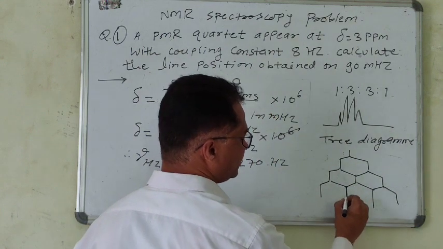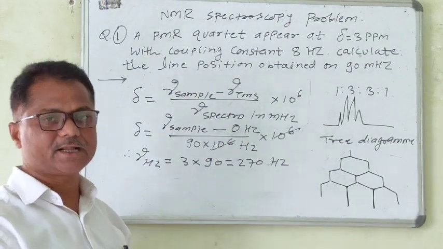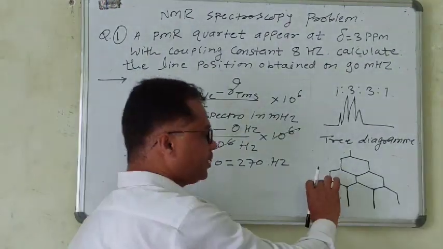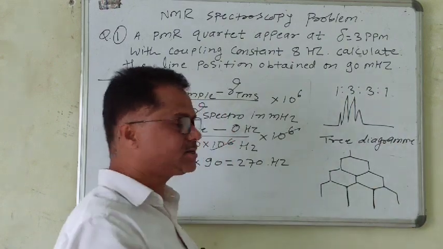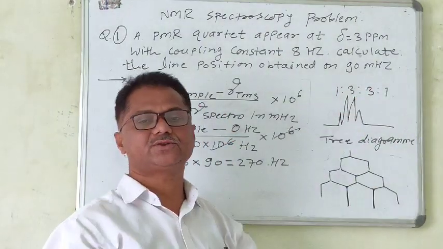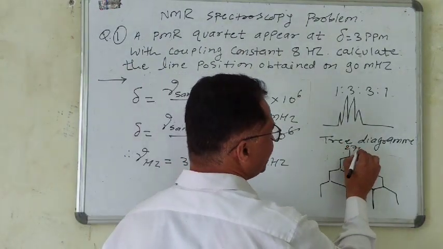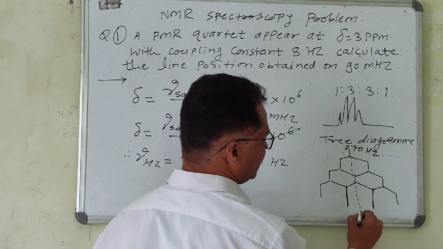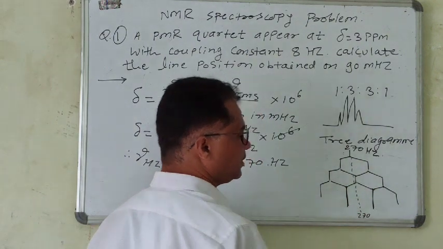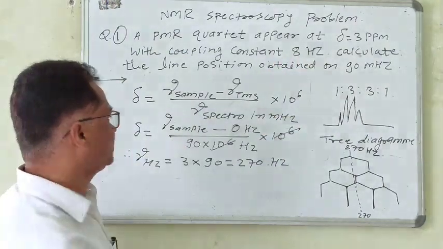So the middle lines are threefold higher in intensity than the outer peaks. The outer peaks are smaller, while the inner peaks are larger, having the ratio 1:3:3:1. So here we are getting 270 Hertz as the middle line position.